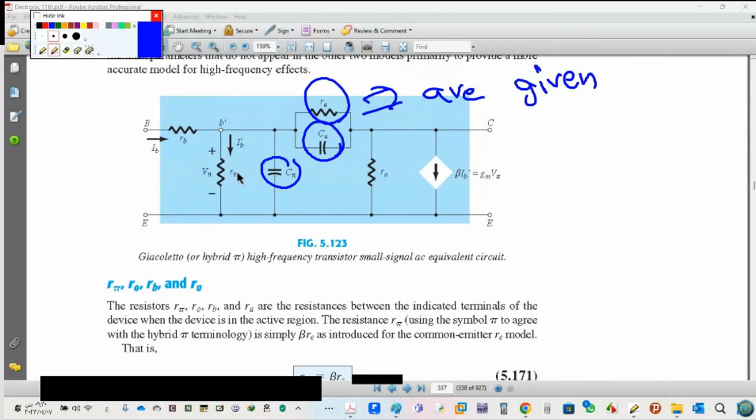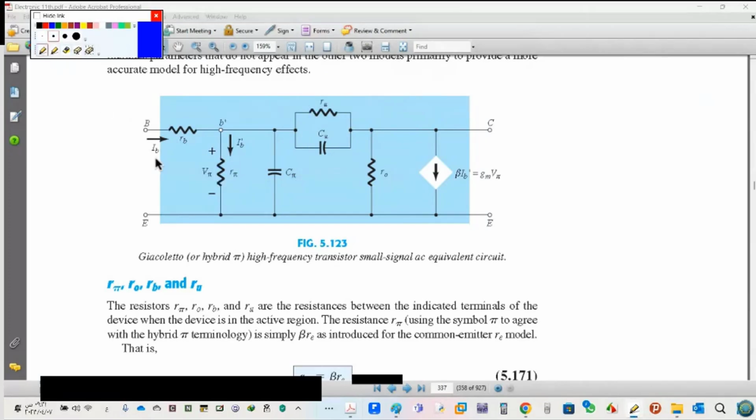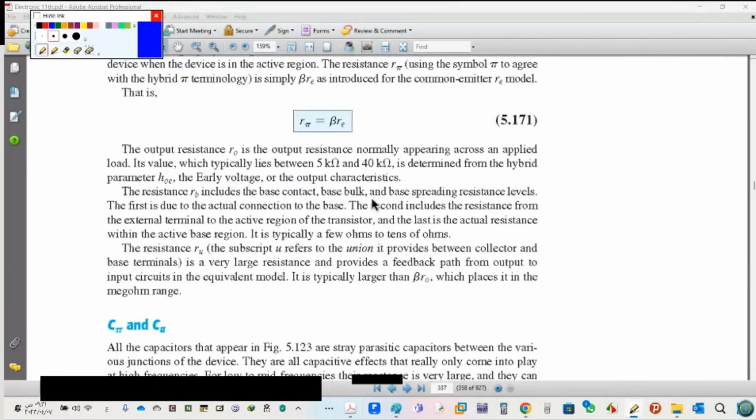These are like what we said before in the re model. So again, if you start with the re model, the hybrid model and hybrid pi model will be easy for you.